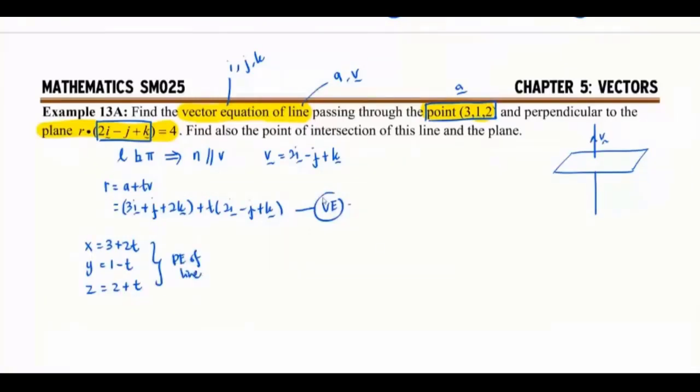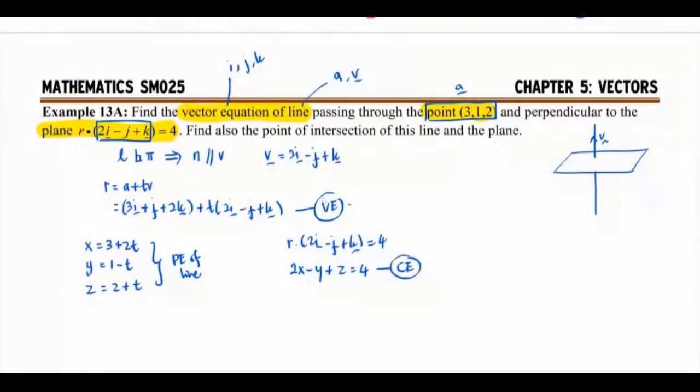Okay, next, we have to substitute this part into the plane. So for the plane, make sure to change to Cartesian. So from r dot 2i minus j plus k equal to 4, we change to Cartesian first. So we're going to have 2x minus y plus z equal to 4. So this is your Cartesian.